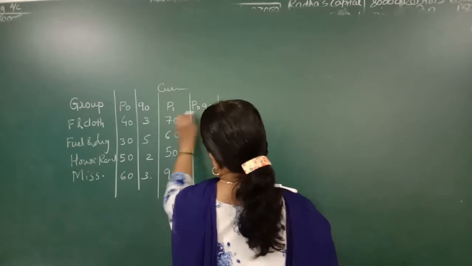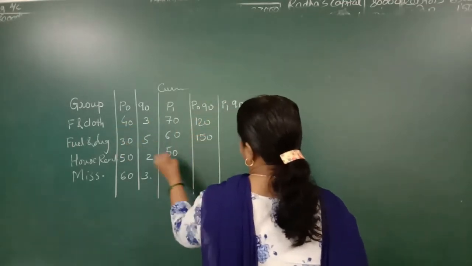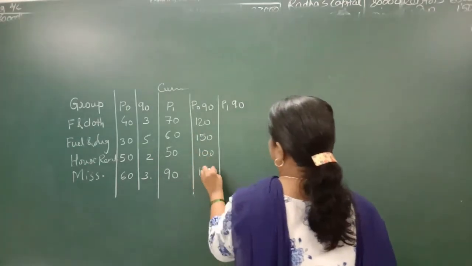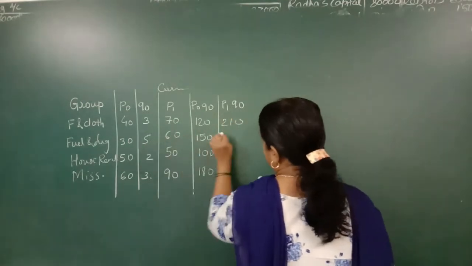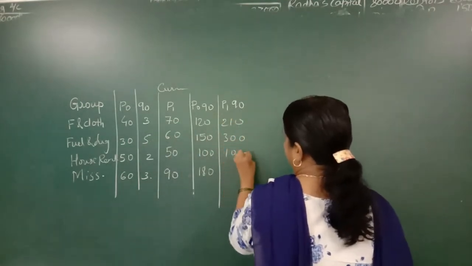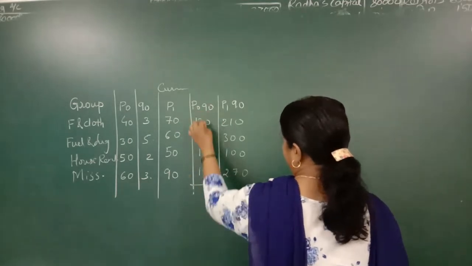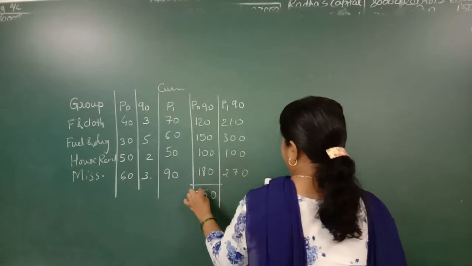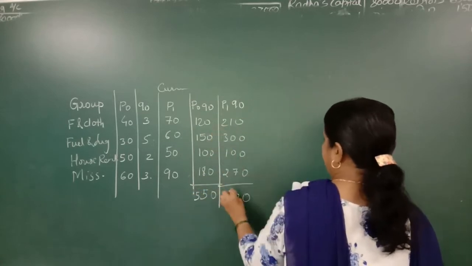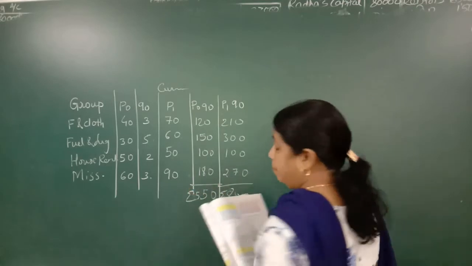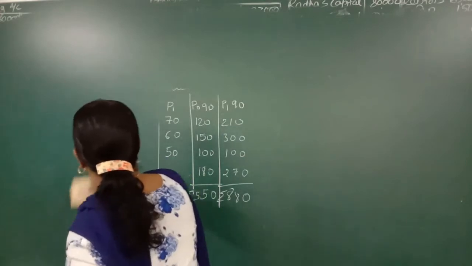Now P0, Q0: 43 is 120, 35 is 150, this is 100, this is 180. P1, Q0: 210, 300, 100, 270. We will find this thing. Summations we have found. Now CLI, what is the formula of CLI? Cost of living index number.